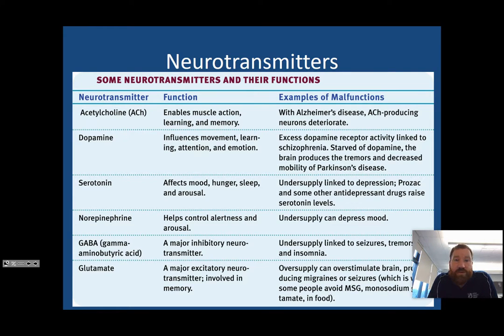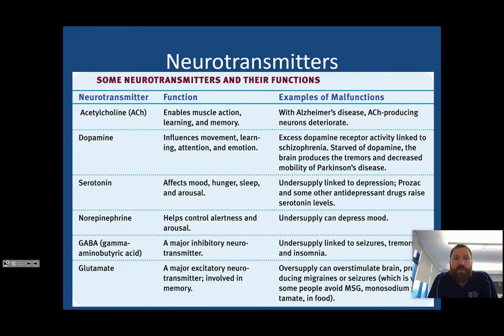Acetylcholine, which is the first one there, otherwise known as ACH. ACH is a major neurotransmitter associated with a few things: muscles, learning, and memory. ACH is implicated in Alzheimer's disease.